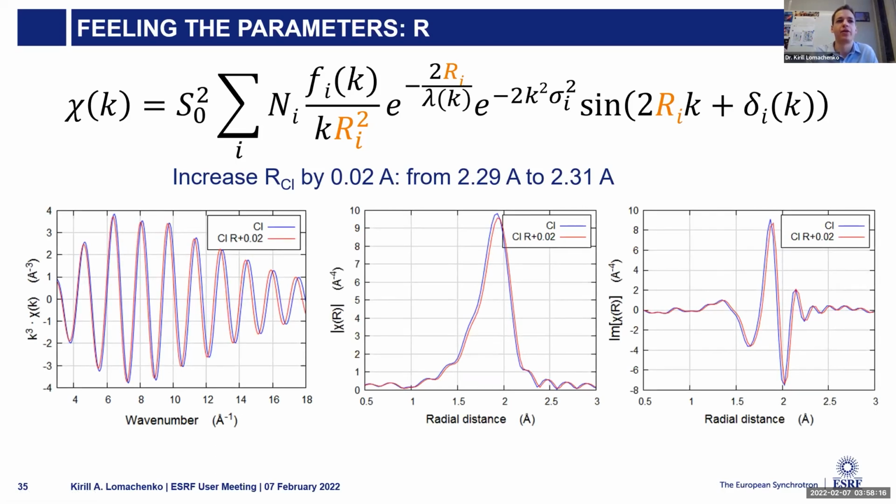And you see that the whole pattern shifts. The shift is more pronounced at high k, but it's clearly visible. So EXAFS is basically an interferometer. It is very precise, and it can detect even very slight changes in interatomic distances. So 0.02 angstrom is clearly visible in EXAFS.